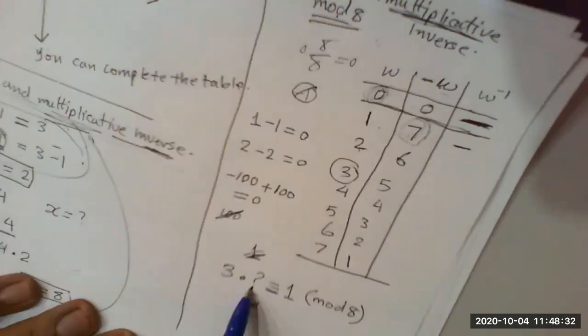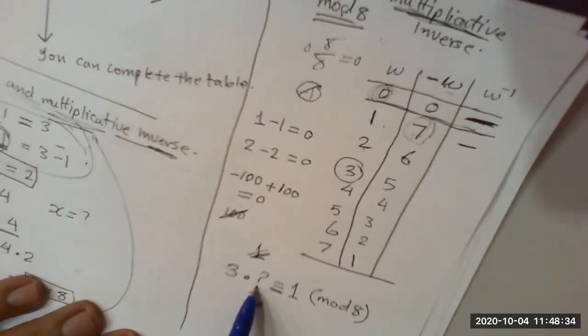I want a number that, when I multiply it by 3, minus 1 is going to be divisible by 8.